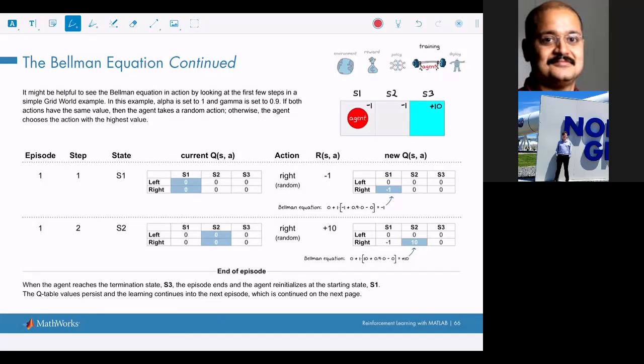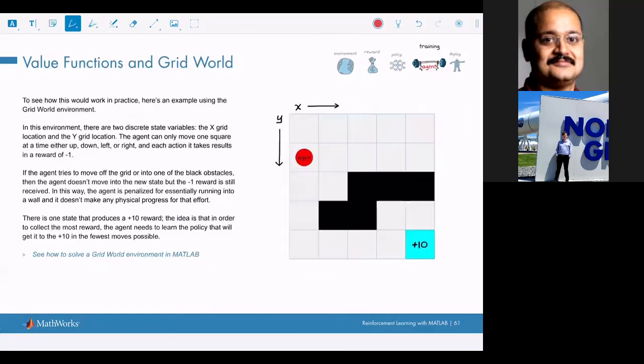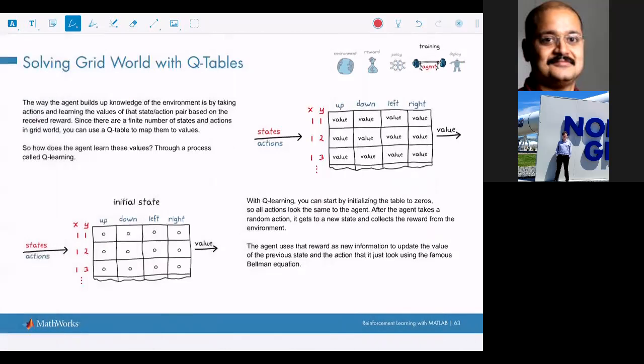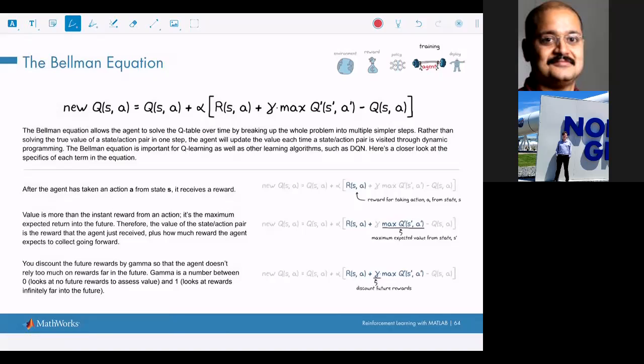I don't have time to go through this line by line, but I just want to tell you that once you work out that example in these slides, it actually goes through a step-by-step explanation of how each iteration is carried out. Basically it talks about different states, different actions, and then how to solve this Q based on the previous Q plus the alpha value.